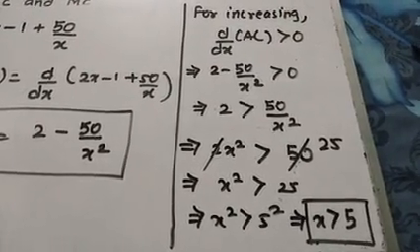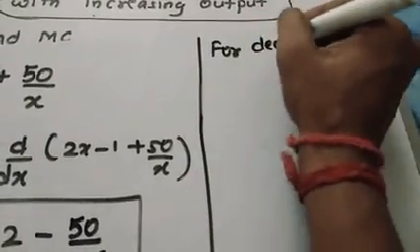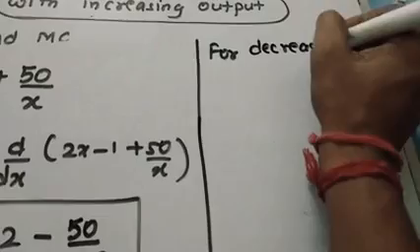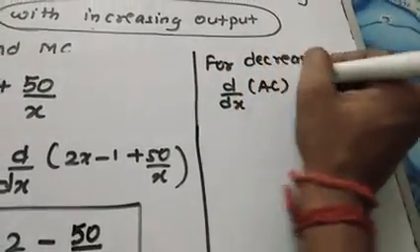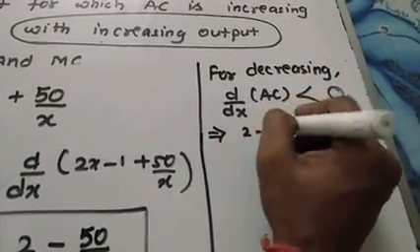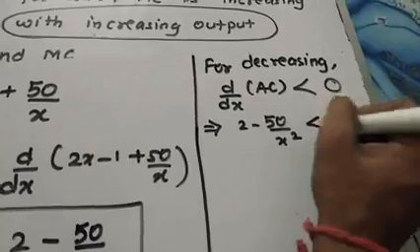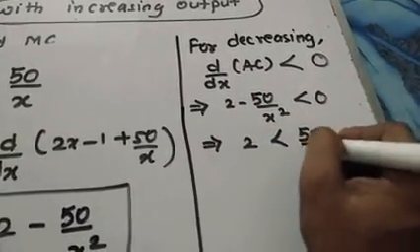Clear? Now the same thing for the decreasing part. For decreasing, d/dx of average cost will be less than 0. Putting in that value, 2 minus 50 by x square is less than 0, that is 2 is less than 50 by x square.